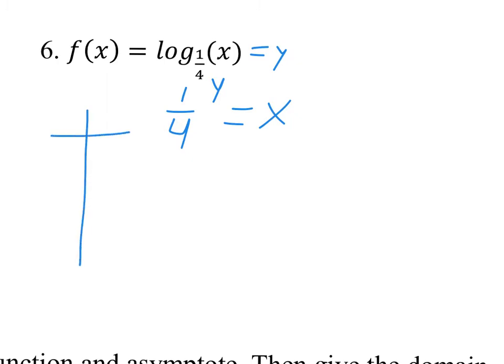We're going to set up our table, x and y. We're going to put in our y column the -2, the -1, the 0, the 1, and the 2.